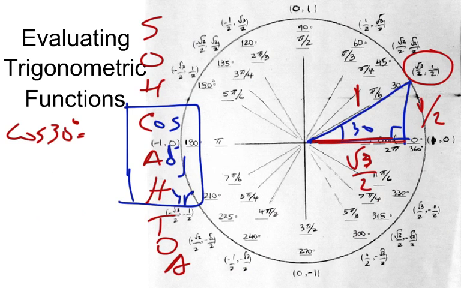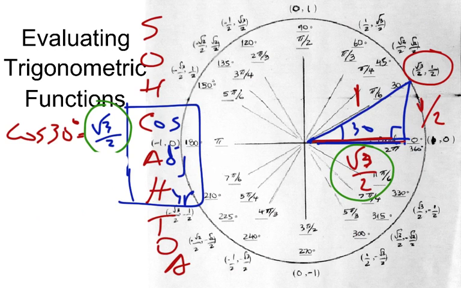So cosine of 30 is adjacent over hypotenuse. Anything divided by 1 is the same thing. So I have cosine of 30 is square root 3 over 2 divided by 1, so basically I can erase this. So cosine of 30 is square root 3 over 2, which is this value.